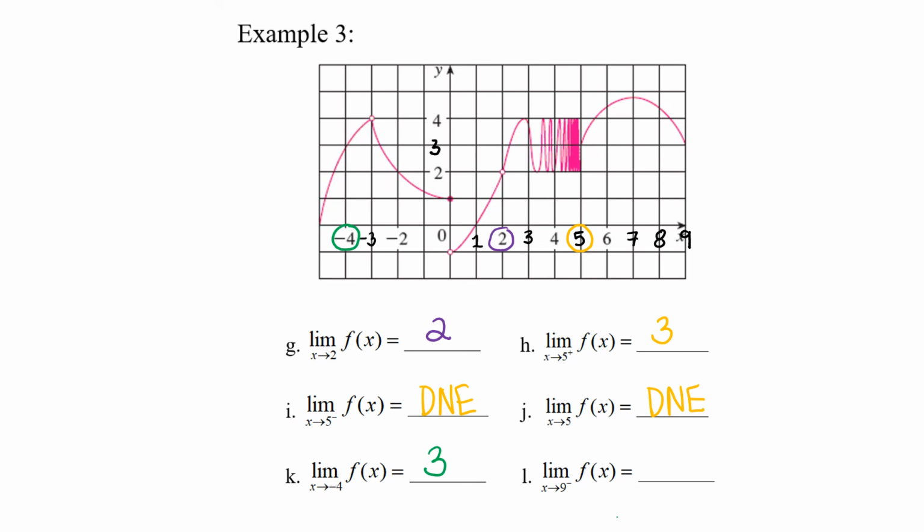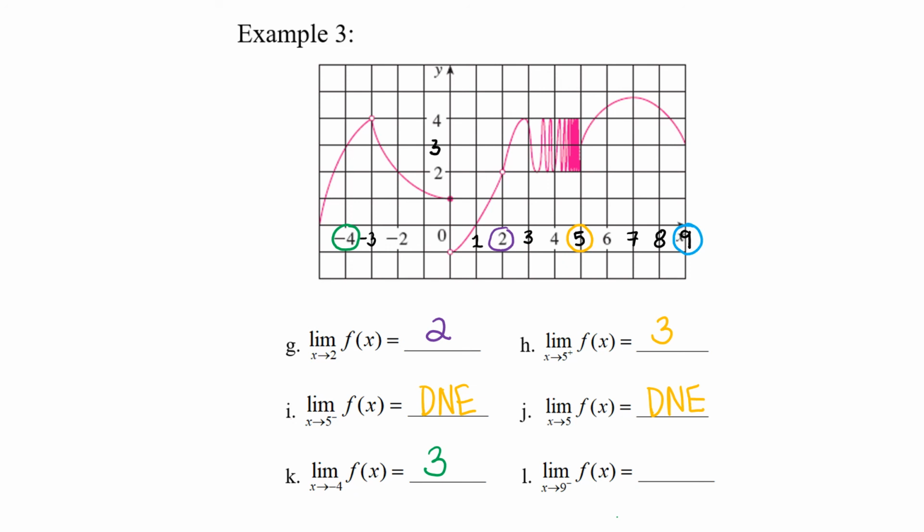And then the last limit of this example, but not this video, is the limit as x approaches 9 from the left. You want to be careful that you don't accidentally read this as the limit as x approaches -9. This is the limit as x approaches 9 from the left.